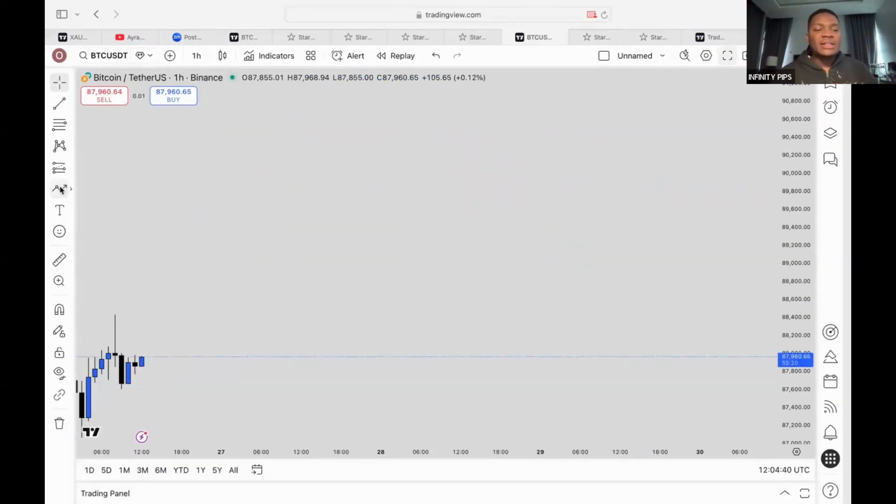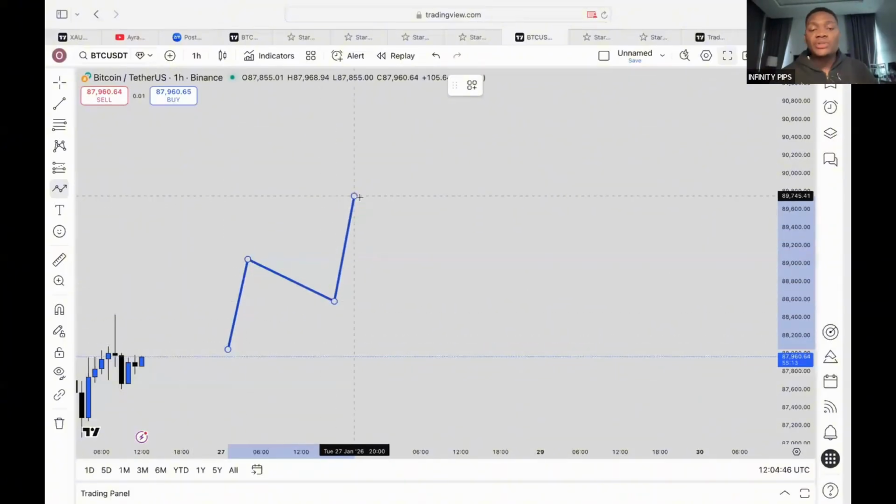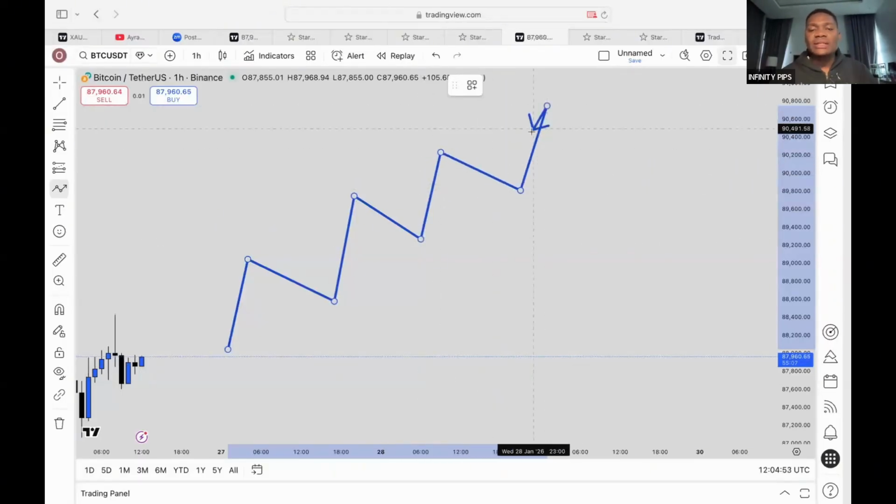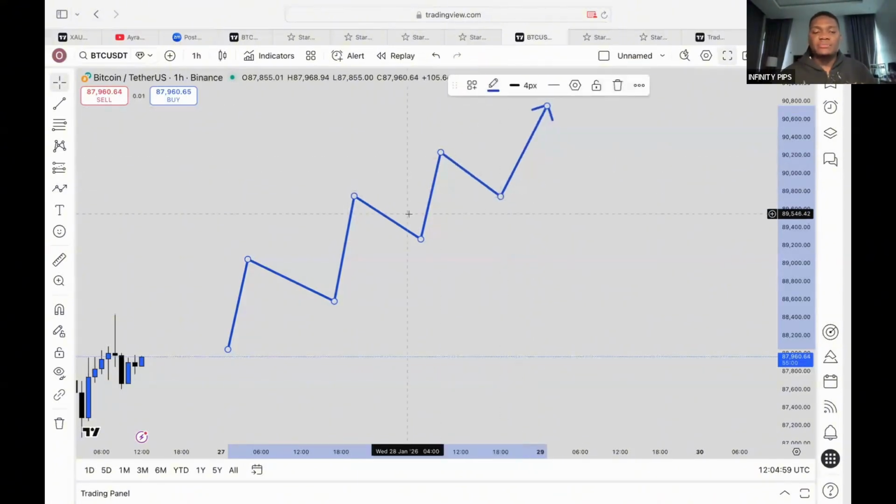But before I clear that, another thing we want to take note of is higher highs, higher lows, lower highs, lower lows, before I show you the normal movement that the market eventually does. There's something we call higher highs, higher lows, and these are the levels that markets create in order for you to create this pattern.